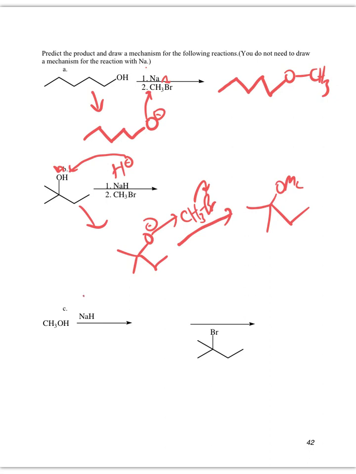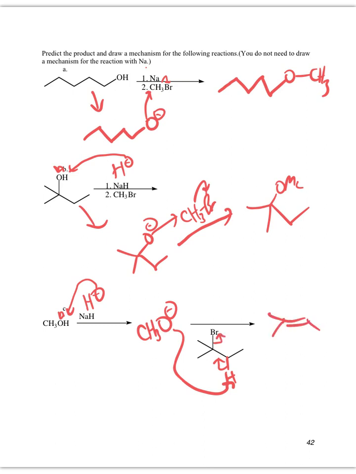So if we take sodium hydride and add it to methanol, we get methoxide, which is a very strong base, and methoxide reacting with a tertiary bromide is not going to do a substitution. It's going to do the elimination, and we're going to get the alkene out of it and methanol. Okay, so we have to be careful which way we go about doing these to force it to do the substitution as opposed to the elimination.